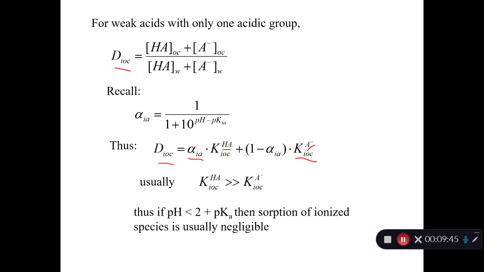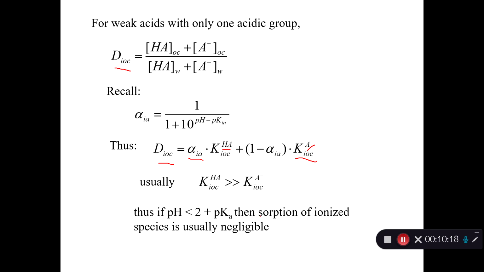Now we know that the equilibrium constant for sorption of the neutral compound to the organic carbon should be much, much greater than the equilibrium constant for absorption of the negatively charged form to the organic carbon, right? Because we know that organic carbon is generally a pretty nonpolar phase that likes to absorb nonpolar things, and we also know that to some extent OC will have a negative charge on it and therefore will repel negatively charged anions, and so K of the neutral form is much bigger than K of the negatively charged form.